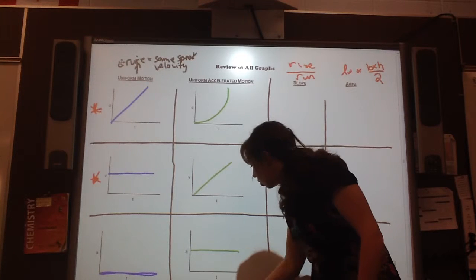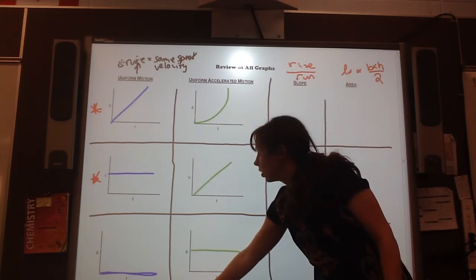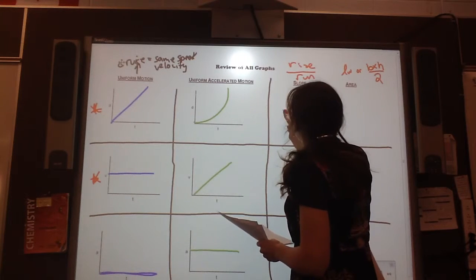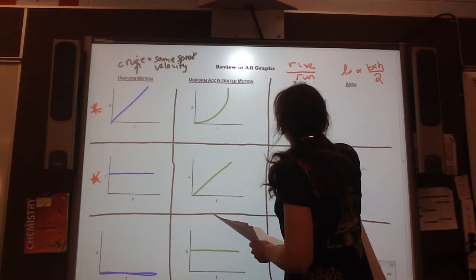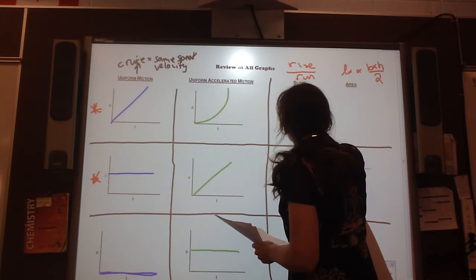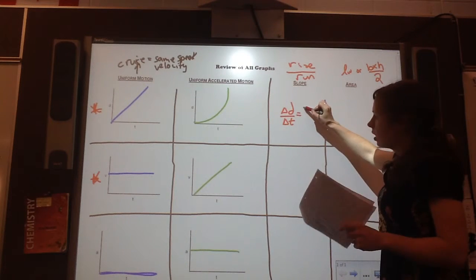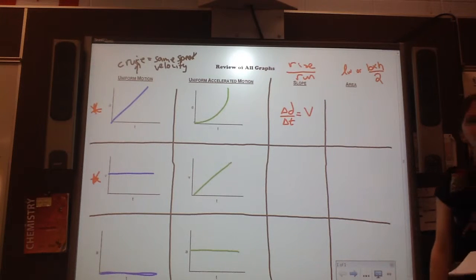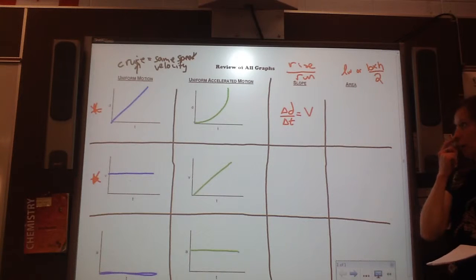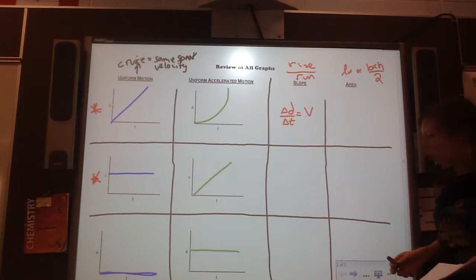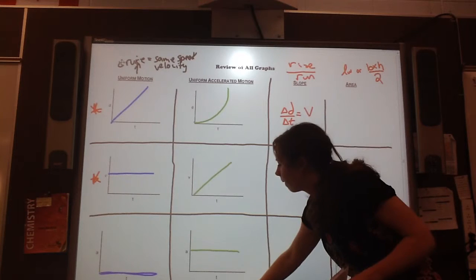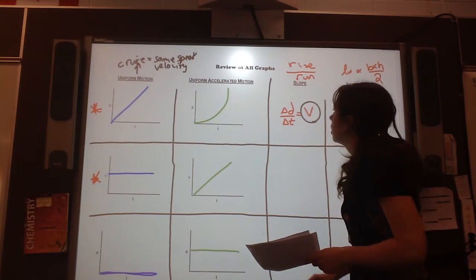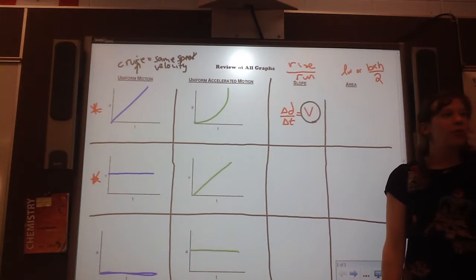So if we find the slope of a DT graph, delta D over delta T, that gives us V, because D divided by T is V. So when you find the slope of a DT graph, you find V. If it's displacement, you find velocity.